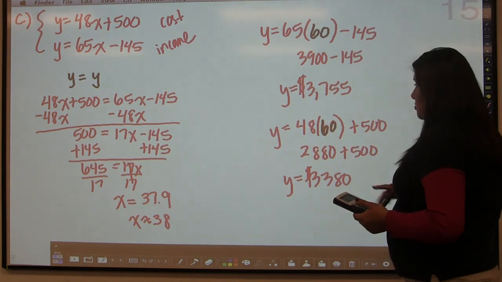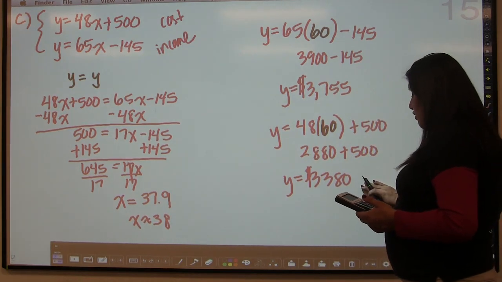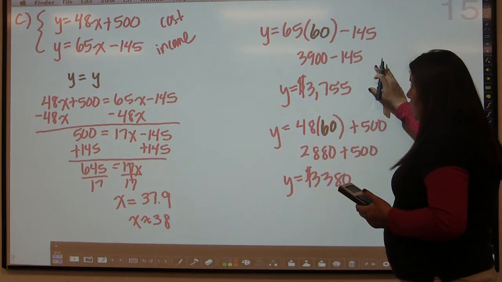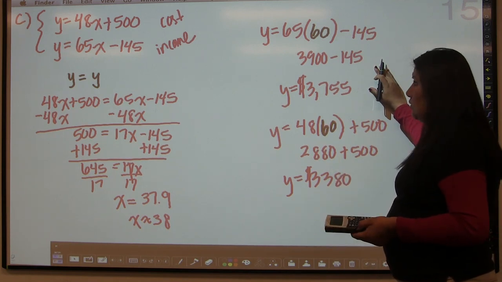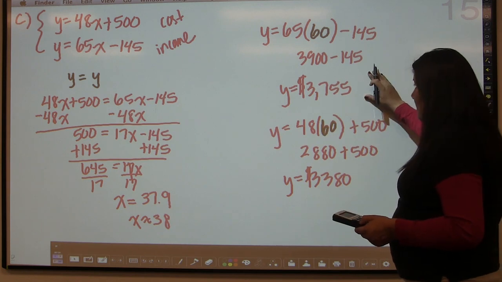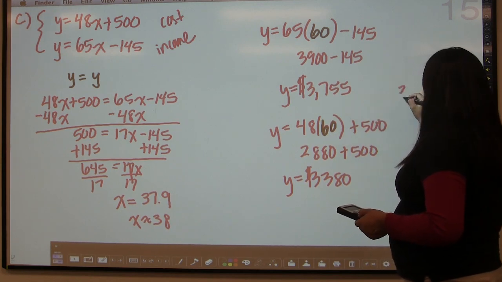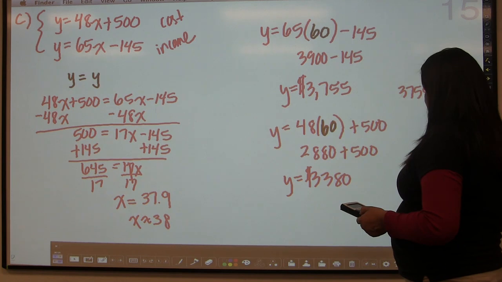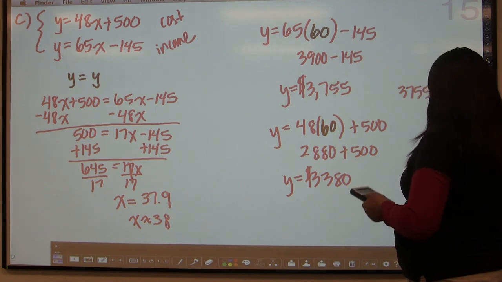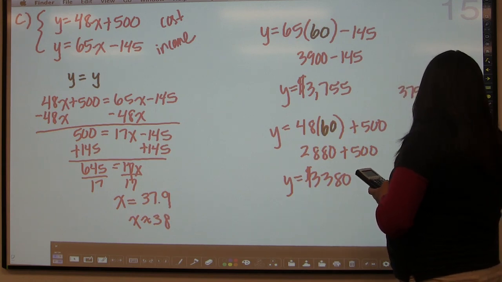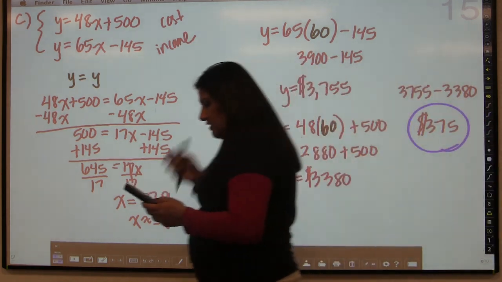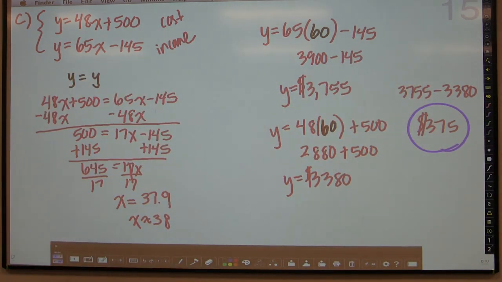So with 60 customers, it's going to cost him $3,380, but he's going to be making $3,755. So the way that we describe profit is your income minus your cost. So 3,755 minus 3,380 gives $375 of actual profit. Alrighty, so that in a nutshell is how you do elimination.